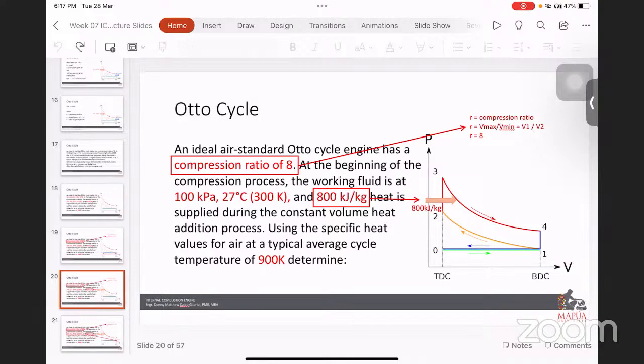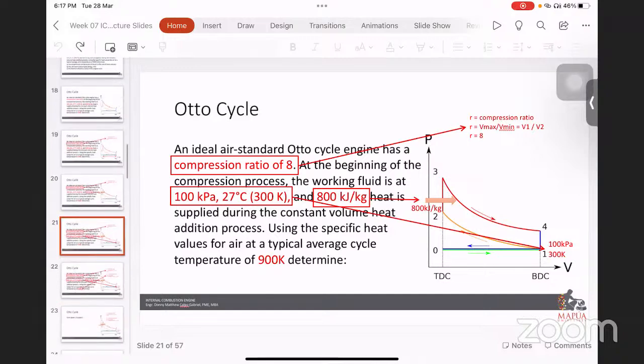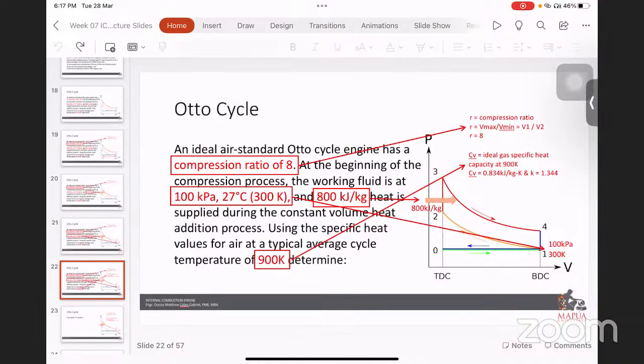Okay? Next, binigay din sa atin yung starting point, starting pressure, temperature. Yung volume binigay based on compression ratio. So meron tayong pressure at 0.1 at meron din tayong temperature at 0.1. Binigay din yung CV.